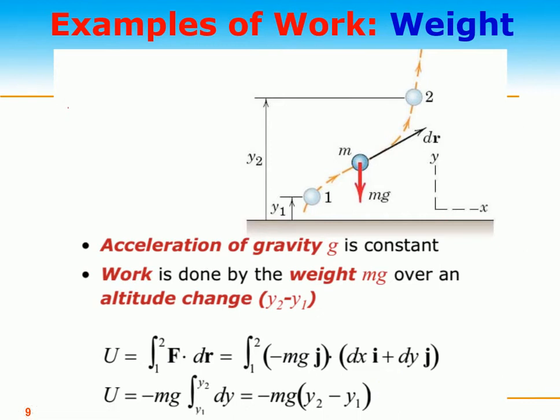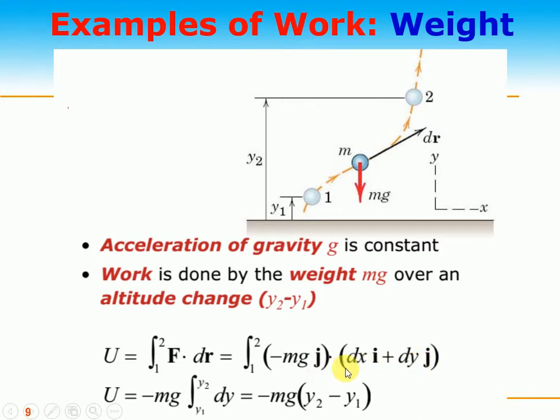Similarly, consider the work done by the weight, the gravitational force, when the body is falling downward. Here, the change in height is basically doing the work. So it's simply F dot dr. The weight is in the downward direction, which is mg j, and the displacement is dx i plus dy j.